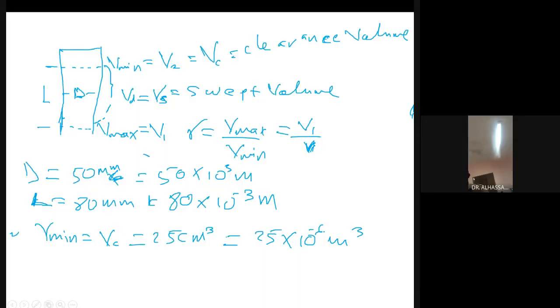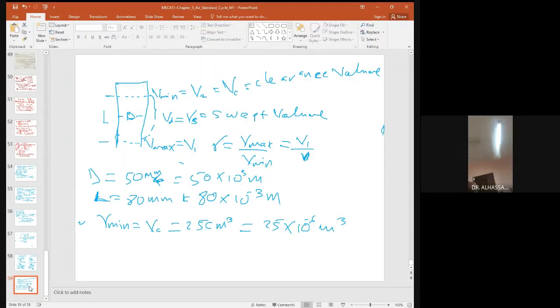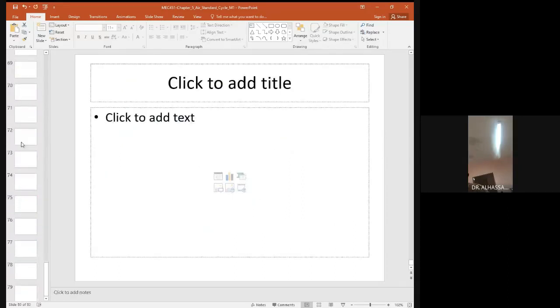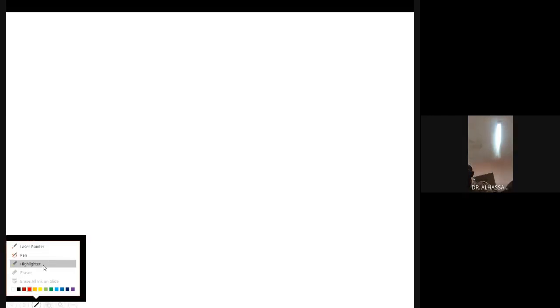Now the value for R equals V maximum divided by V minimum.